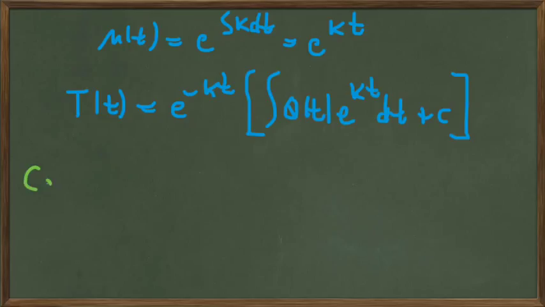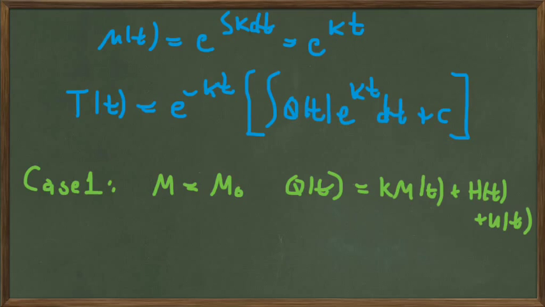Case 1 would be where we are going to let M equal M0. M is the outside temperature, but we're going to say the outside temperature is a constant. And then remember that Q of t was k M of t plus H of t plus U of t.